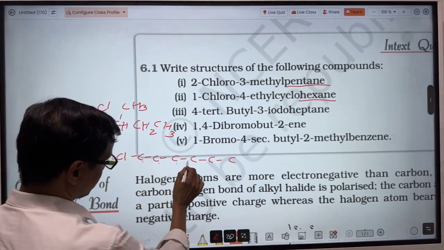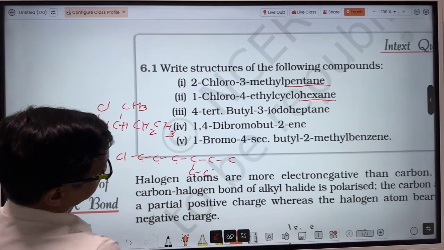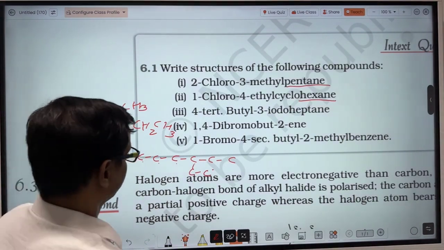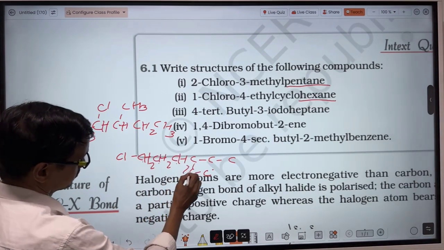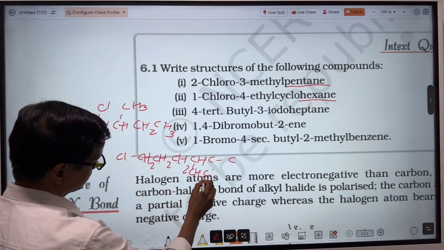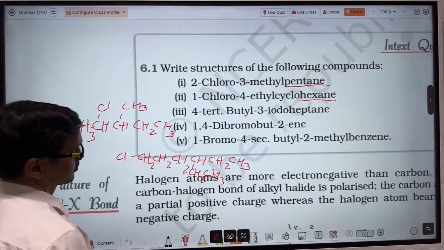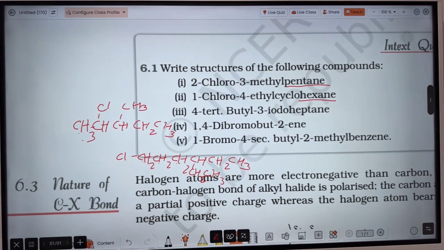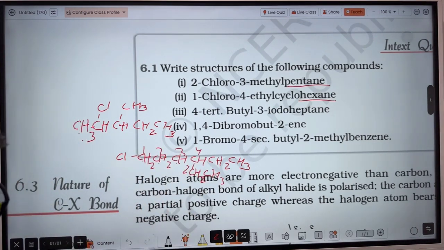So 1, 2, 3, 4, so ethyl here. Now draw the appropriate number of hydrogen atoms. So that is 1 chloro, 4 ethyl.